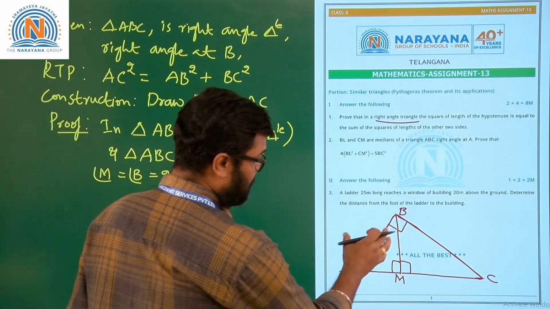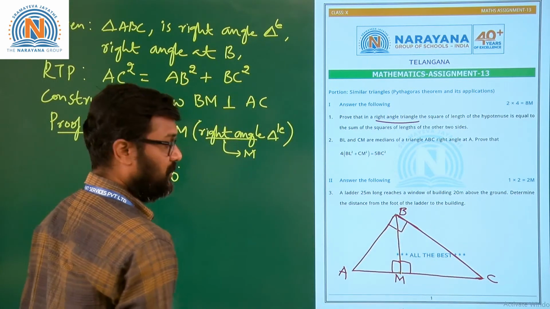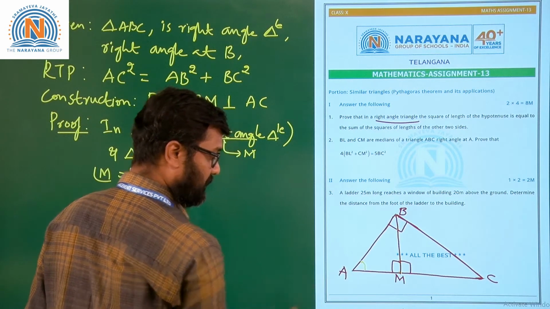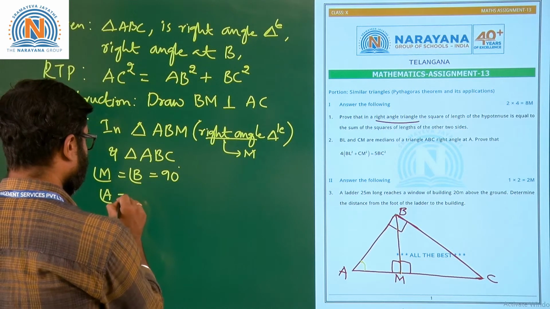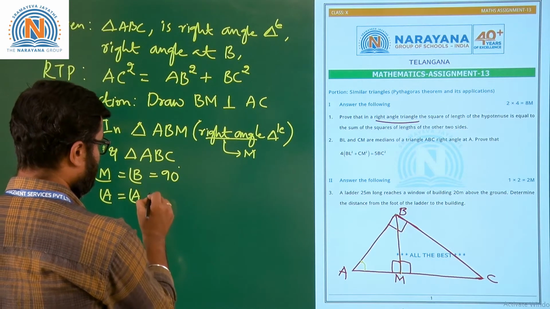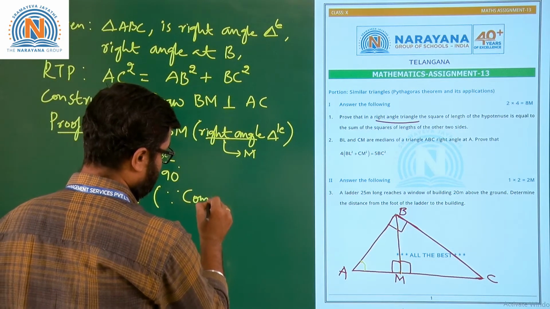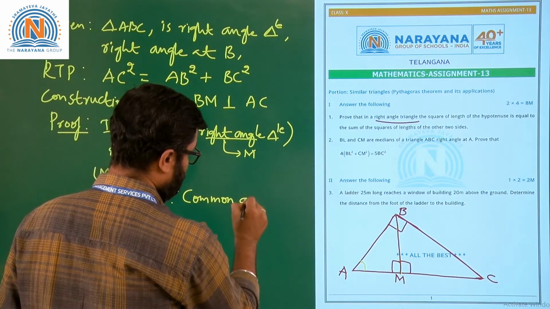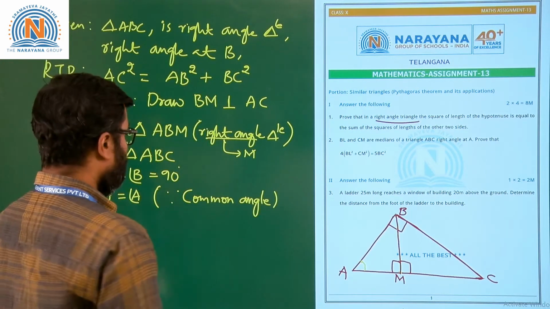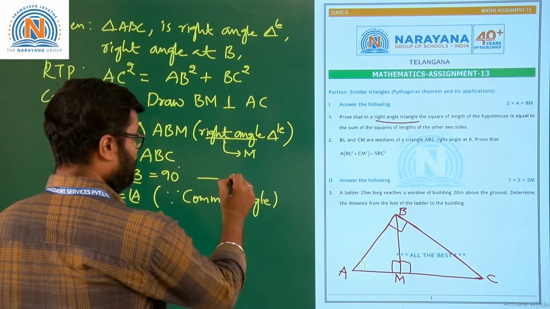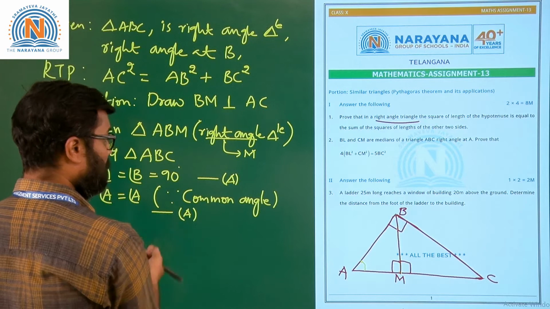Now if you consider these two triangles, ABM and ABC, angle A is the common angle, isn't it? So angle A is equal to angle A, since it is a common angle. So by what, children?